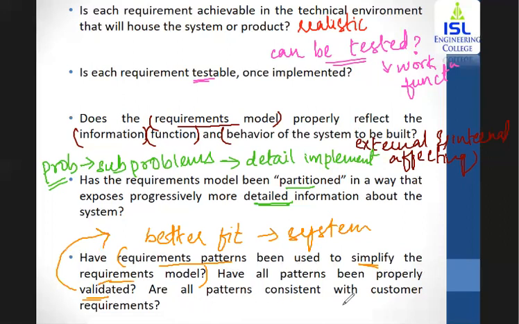Then, are all patterns consistent with the customer's requirements? That is, whether all the patterns adhere to the customer's requirements, whether all of them are implemented by making use of that pattern or not, will be identified. Consistent means they are complete.